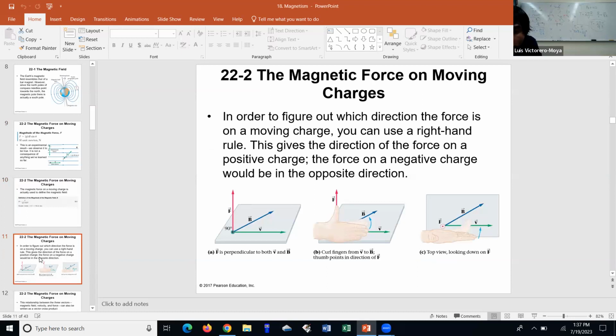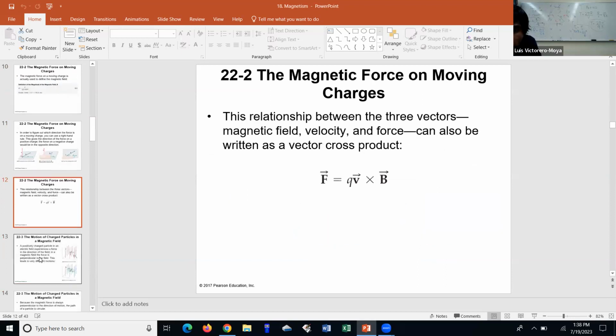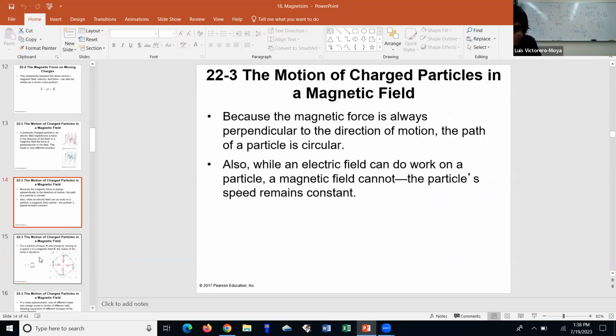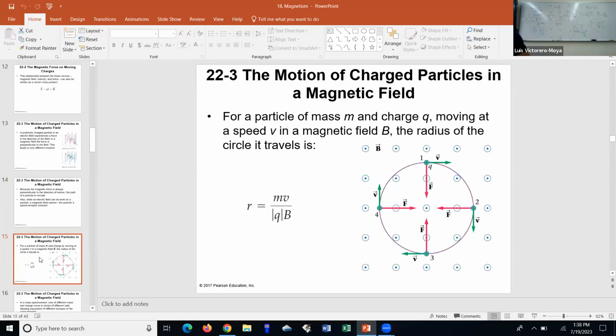Your right-hand rule there for a moving charge, okay? The vector definition of magnetic force, and your application for the motion of a particle in a perpendicular magnetic field.